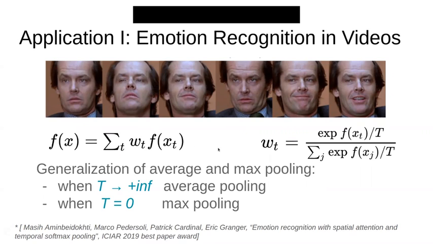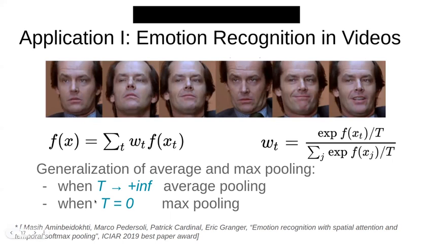And what is this weight? This weight is a softmax on the probabilities of the given action, or the given emotion, sorry. We compute this probability as a softmax, and this softmax is tuned by a factor T, capital T, which can be thought of as a temperature, so that if this temperature is high, towards infinity, we go back to average pooling, so that we give the same importance to each frame.